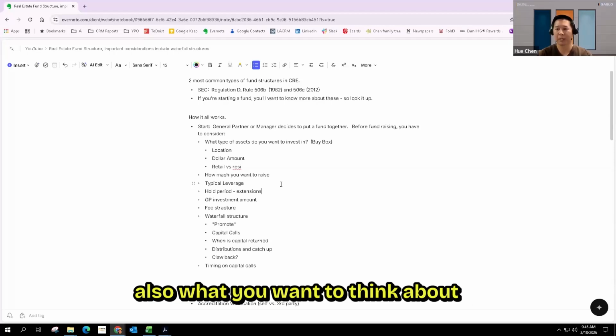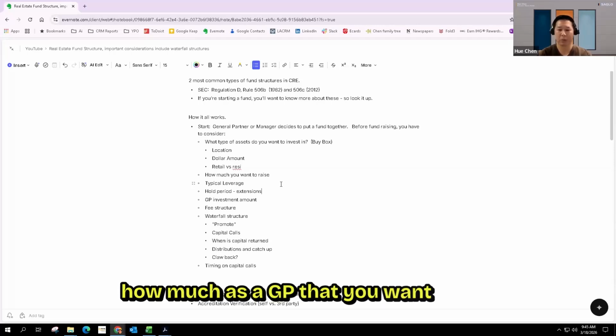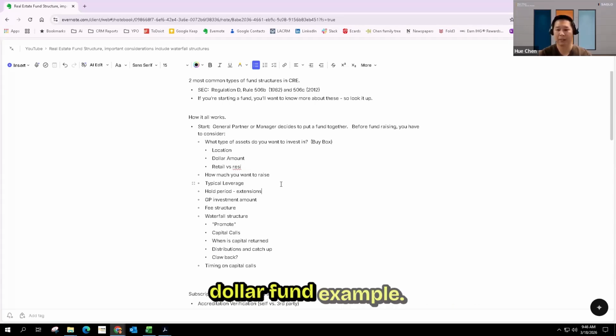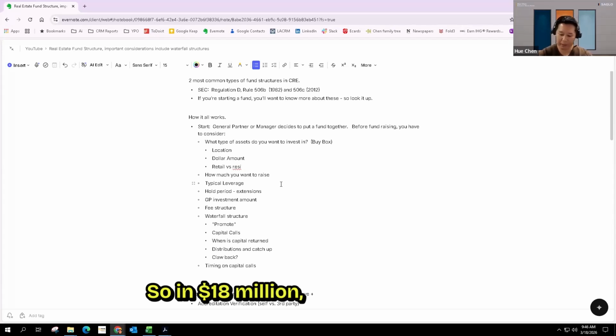Also, what you want to think about is how much, as a GP, you want to put into the fund. We put 20 to 25% of the required equity into the fund, which is on the high side. So that is a lot of skin in the game. Let's go back to our $18 million fund example. In $18 million, if we were to put in 25%, we're putting in 4.5 million of that 18 million.